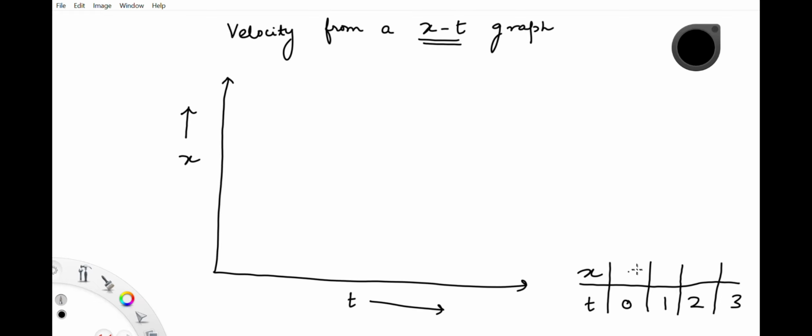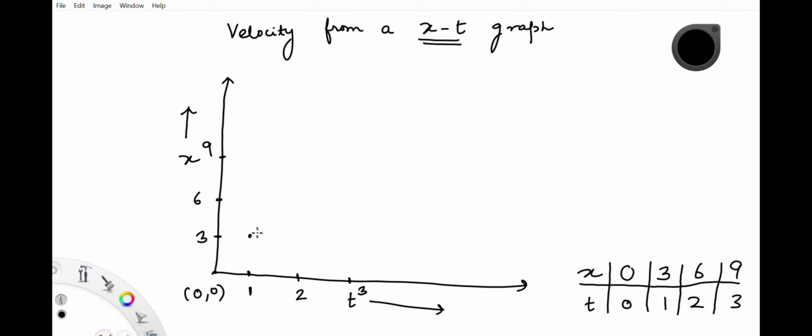So let's just say that the position is also 0, then this is 3, 6, and 9. So we have some numbers to begin with. This point over here becomes the origin, and this is 1, 2, this is 3, this becomes 6, and over here we get 9.